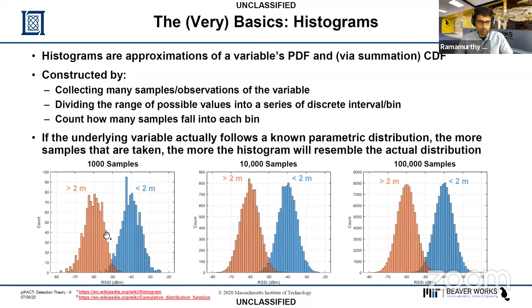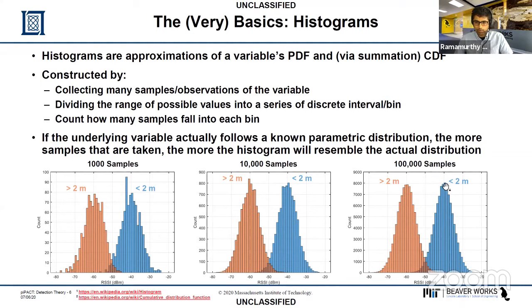So here, on the leftmost, I had only 1,000 samples. In the middle, I have 10,000 samples, so 10 times more, and you can see things starting to smooth out, looking more like a normal distribution. And over here, I have 100,000 samples, and now you can see it really is starting to look like those Gaussians, almost perfectly.